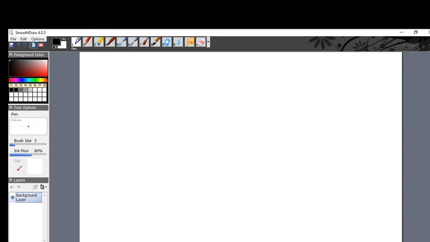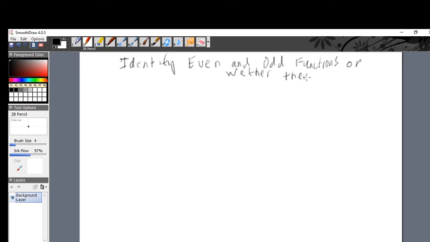Let me get started right away with my pencil and write the title on top, which is as follows: identifying even and odd functions, or whether they are neither.